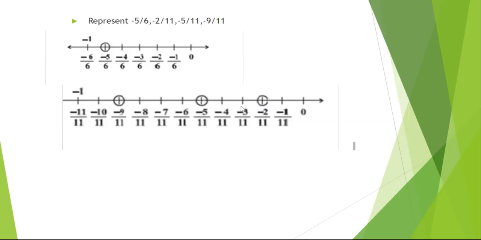Next, minus 3 by 11, minus 4 by 11, minus 5 by 11, which is being encircled again, minus 6 by 11, minus 7 by 11, minus 8 by 11, minus 9 by 11, the last one to be encircled, minus 10 by 11, minus 11 by 11, and as you can see, minus 1 is being written on the top of it.